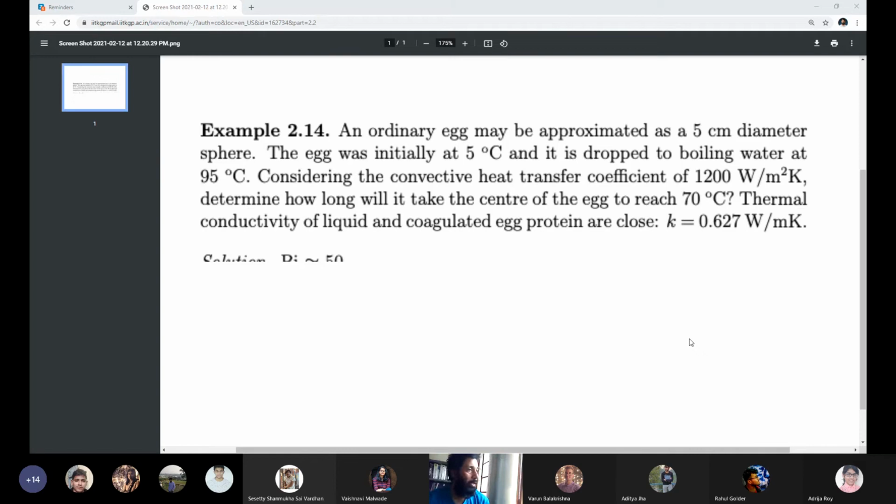Take density as the density of water, Cp as the Cp of water, get alpha, and the dimension is given, so the radius is known. Get T. What is Cp?